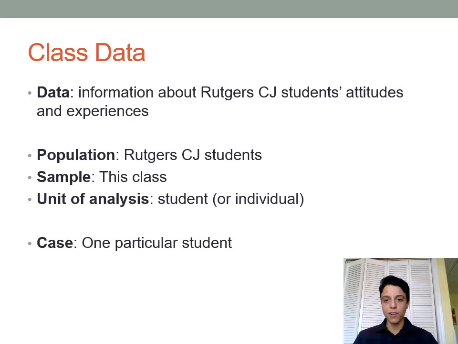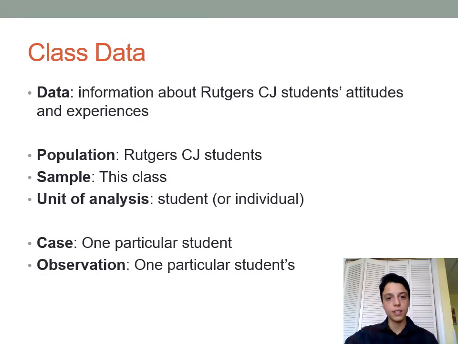So you listening at home, you are a case in this sample. And then an observation would be one particular student's response to a question. So when I asked you guys, for example, whether you support the death penalty, your response to that question would be an observation that would be attached to you, a case in the sample.